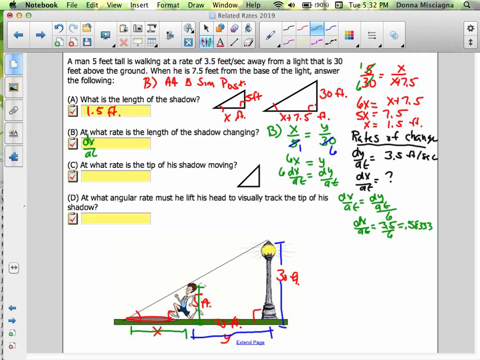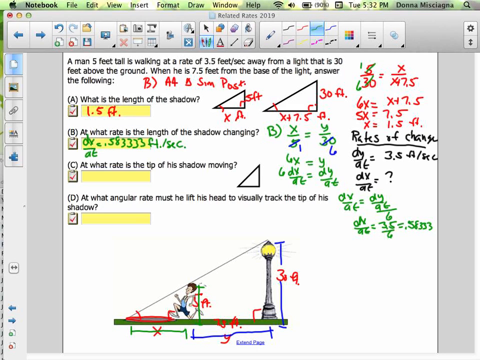That's important. dx dt is 0.58333, another 3, and that's feet per second. All right, so that's how the shadow is changing. He's moving 3.5 feet per second. The shadow has its own rate of change, 0.5833333 feet per second.